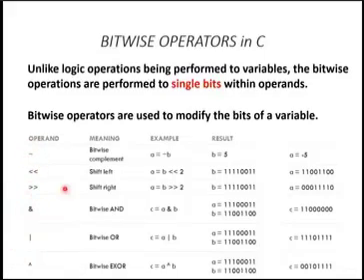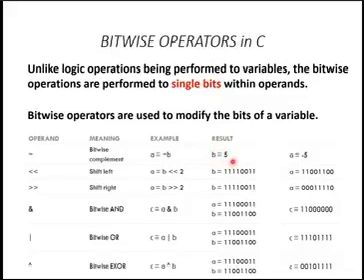Unlike the assignment operator, where to execute the process we need to assign a variable, for the bitwise operator the logic operation is performed on the bits of the variable. The bitwise operation is performed on single bits.